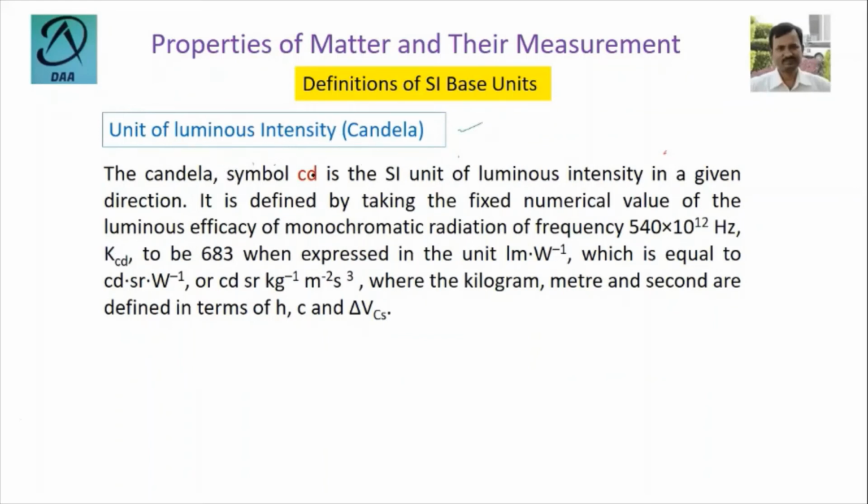Now the unit of luminous intensity, which is the candela. The candela, whose symbol is cd, small c, small d, is the SI unit of luminous intensity in a given direction.